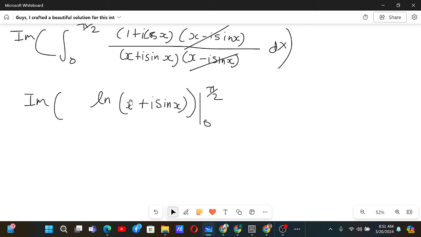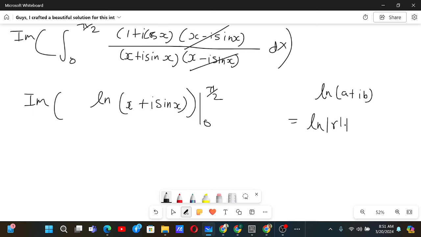Now the imaginary part of this function, what is this? We know that if we have to find the log of a complex number, this is actually equal to log of the magnitude of this expression plus i times the argument of this expression, argument of a plus ib. You can see this by changing this number to polar form and then taking the log.